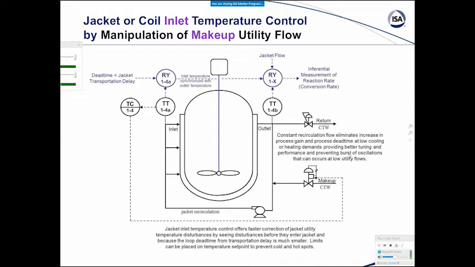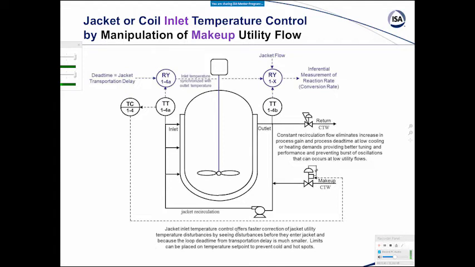That is very confusing to people due to a combination of a great increase in process gain and an increase in process dead time, if the recirculation flow is being throttled instead of a makeup flow changing the temperature rather than the flow rate coming in here. So we're changing the temperature by manipulating a makeup.